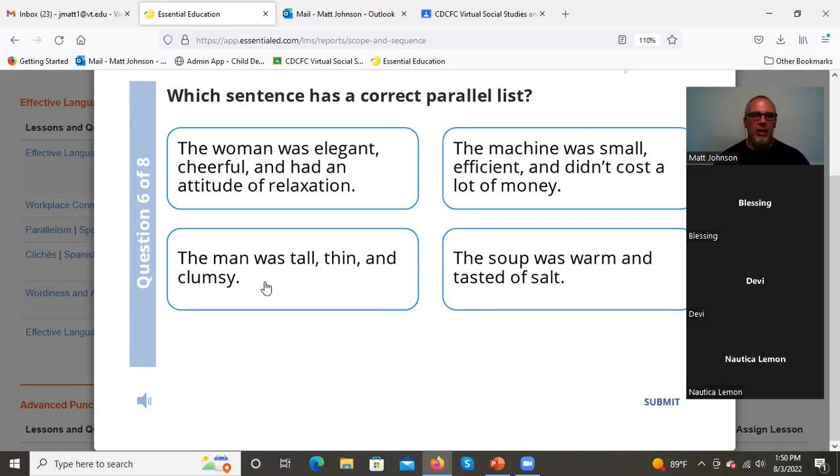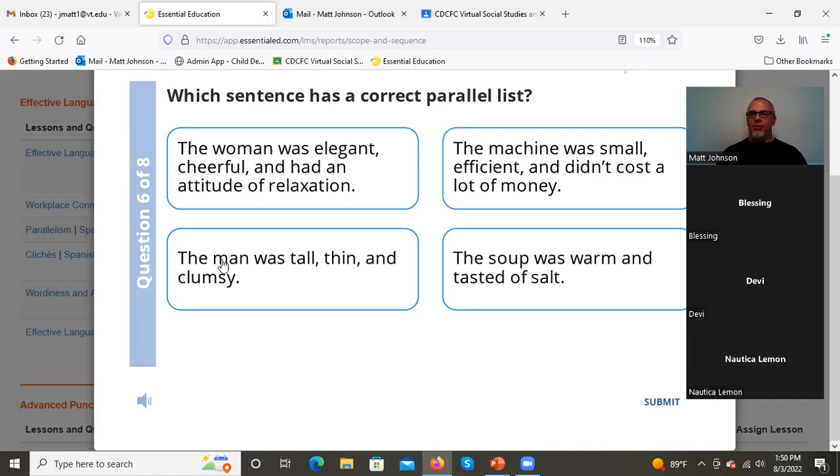The man was tall, thin, and clumsy. It's really straightforward. All right, that's our correct answer there. Adjectives to explain this person. If we wanted to correct the first sentence, "The woman was elegant, cheerful, and had an attitude of relaxation," we would say the woman was elegant, cheerful, and relaxed, right? "The machine was small, efficient, and didn't cost a lot of money."